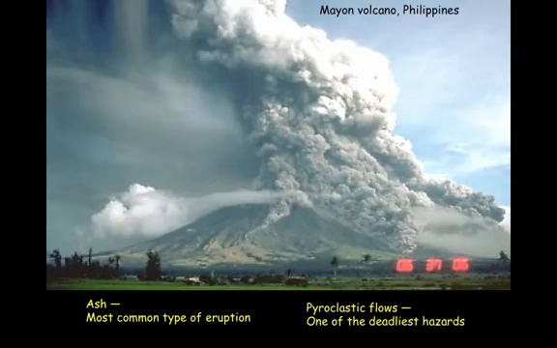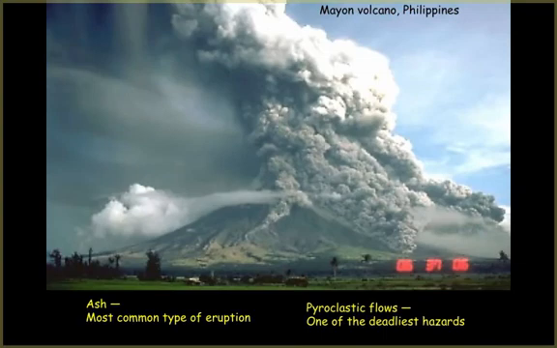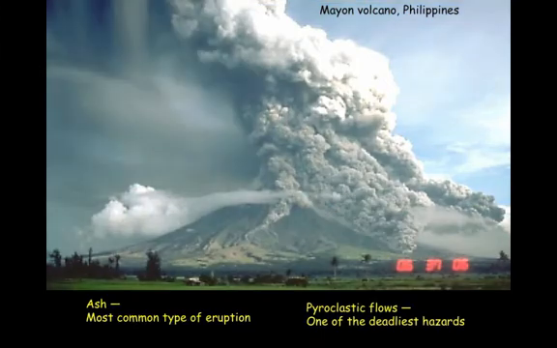And as I said already, volcanic ash is the most common type, and we see here an eruptive cloud that includes the ash moving away from the volcano. We also see pyroclastic flows, those hot, fast-moving landslides coming down the slopes of the volcano at the same time. And that's Mayon in the Philippines.